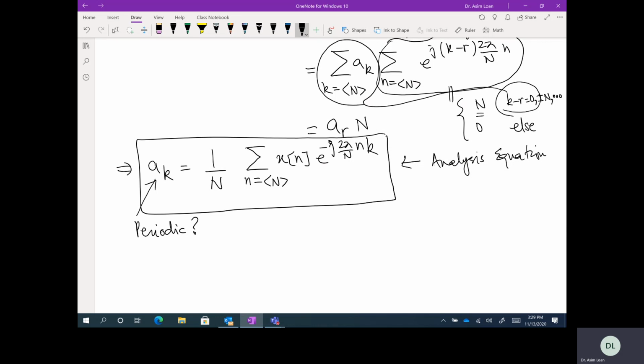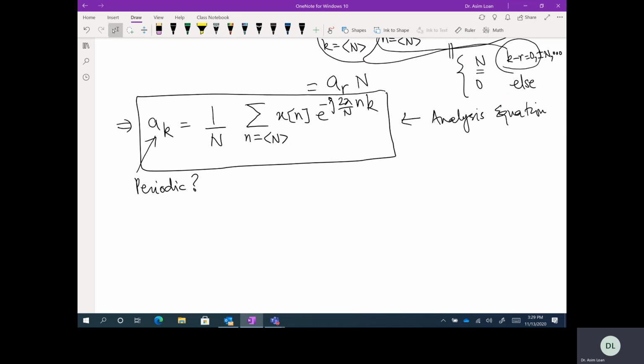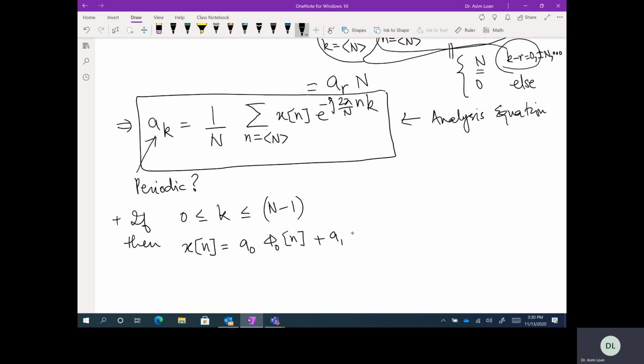So this is simple. To show this is periodic, we say if 0 is less than or equal to k is less than or equal to n minus 1, if this is true, then x of n is a0 phi 0 n plus a1 phi 1 n, where phi k n is e to the j k omega naught n.